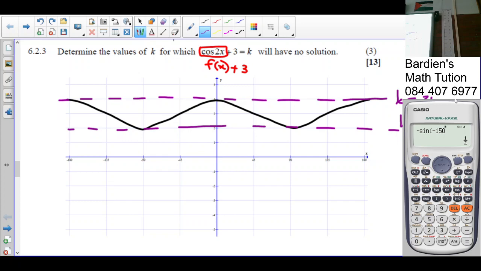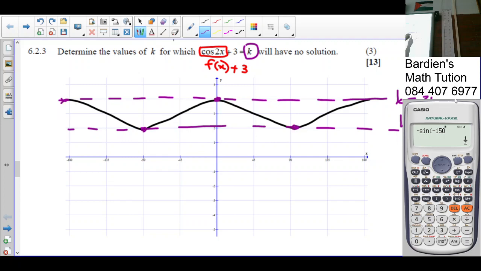So in other words, as we said, k is a y value. Currently, if k is equal to 4, then it will cut here at this point, and if k is equal to 2, it will cut at those points.